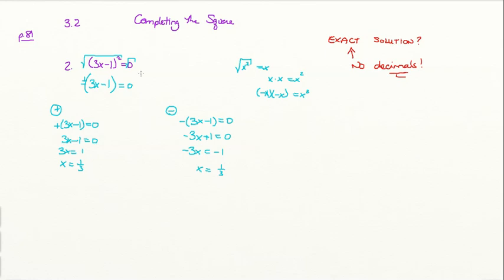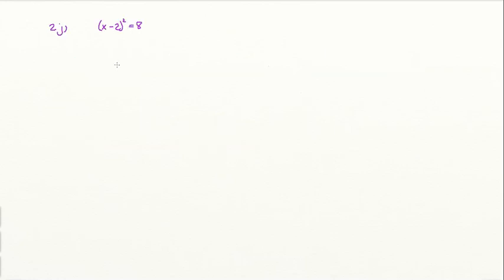And I forgot to write down, this is 2f. 2j, x minus 2 all squared equals 8. Again, I'm going to square root this. So I get plus or minus x minus 2 equals plus or minus the root of 8. You just need the plus or minus on one side. So let's do our positive and our negative.